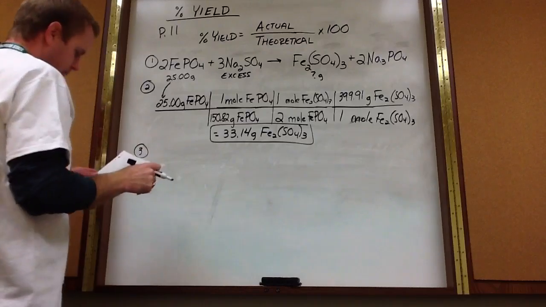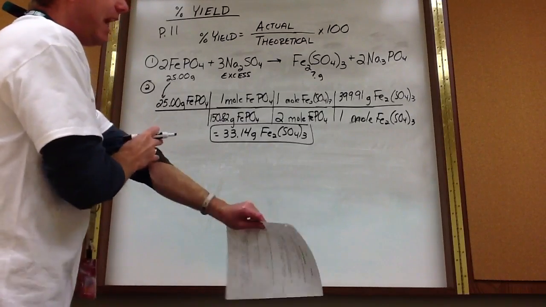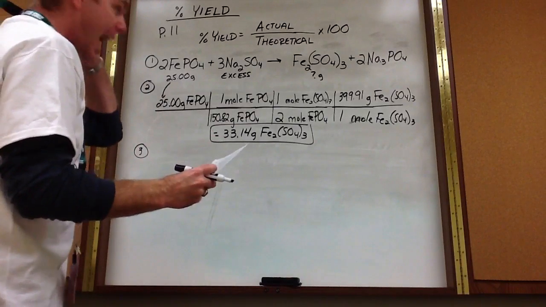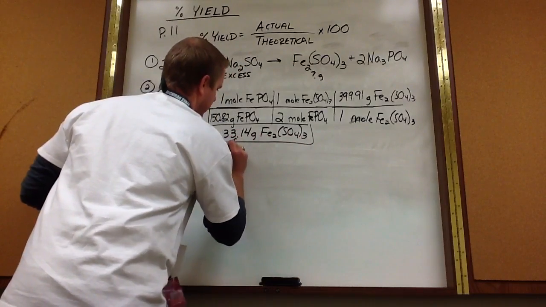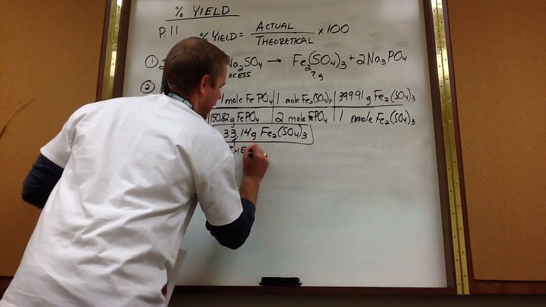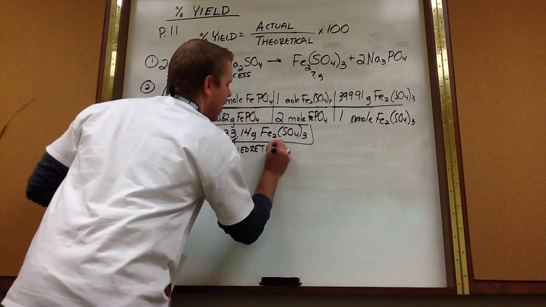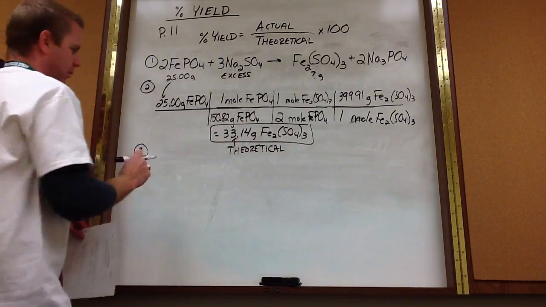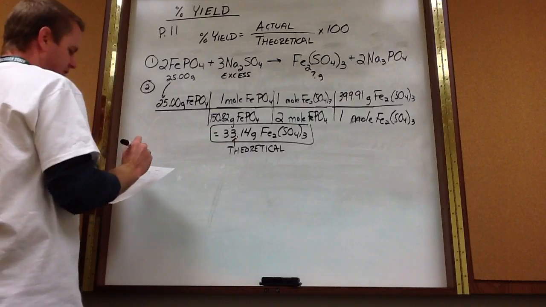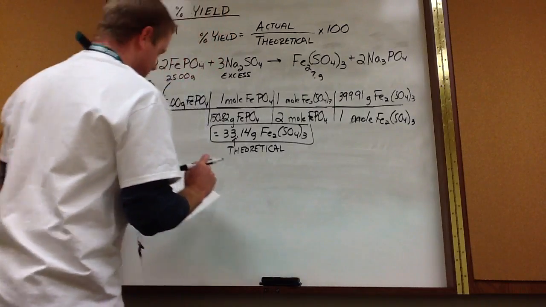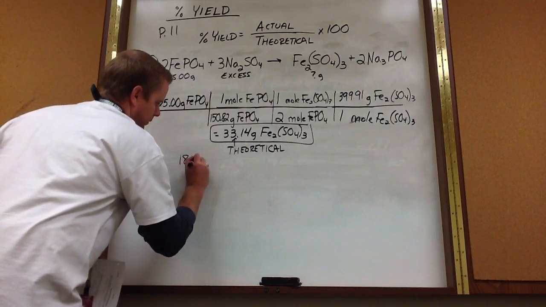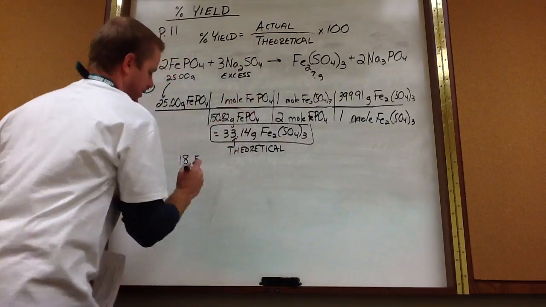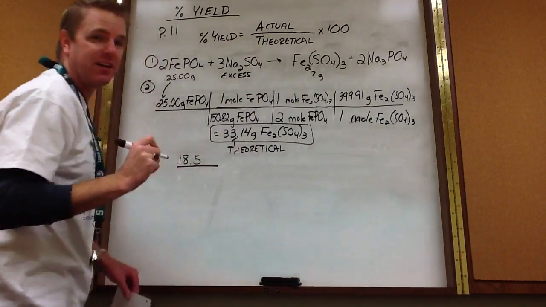Bring us to question number 3. It says, if 18.5 grams are actually made, so remember, this right here, guys, is the theoretical value. This is the perfect yield of Fe2(SO4)3. But in number 3, we're saying that we actually made 18.5 grams. So 18.5 grams is what we actually got when we did the lab, and I will always tell you that number.